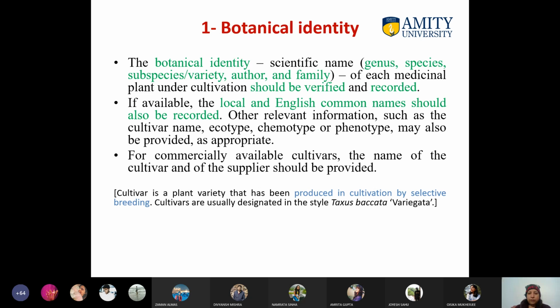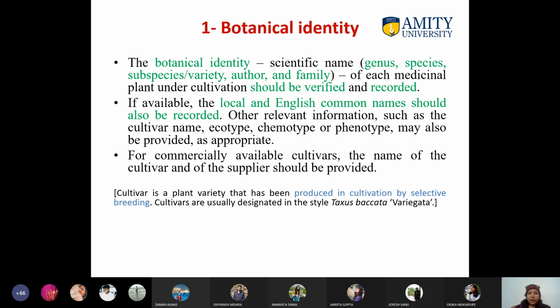It is generally developed by farmers. Farmers work in the field and know that a plant variety is good and high yielding, so they do selective breeding and develop a cultivar.